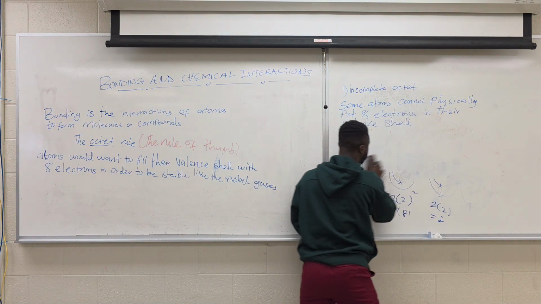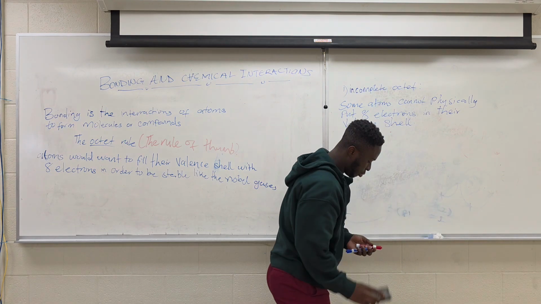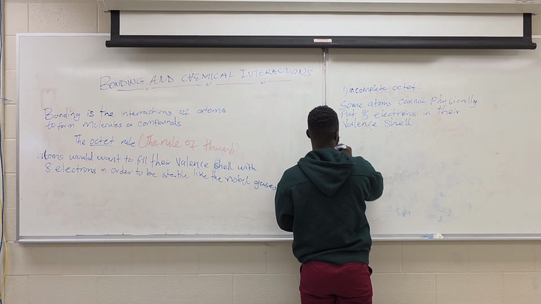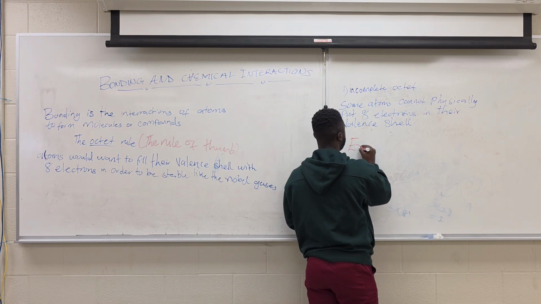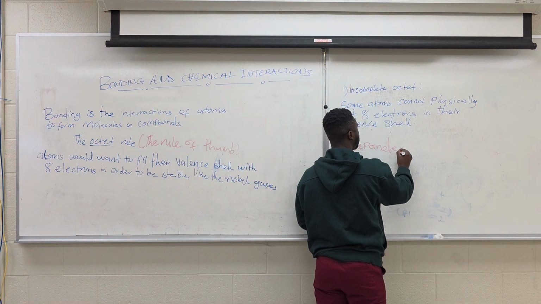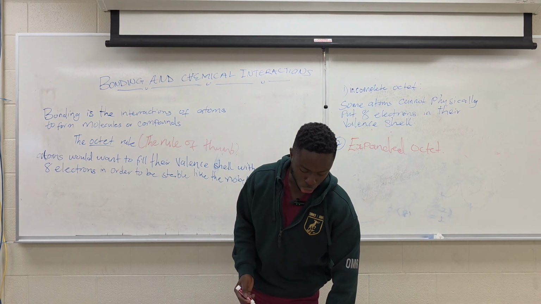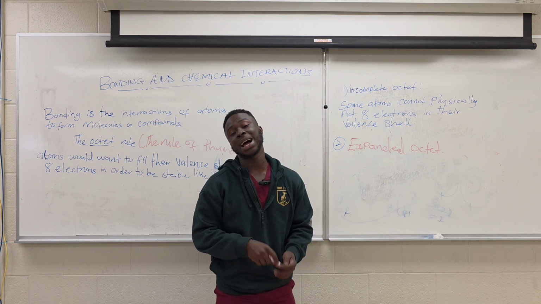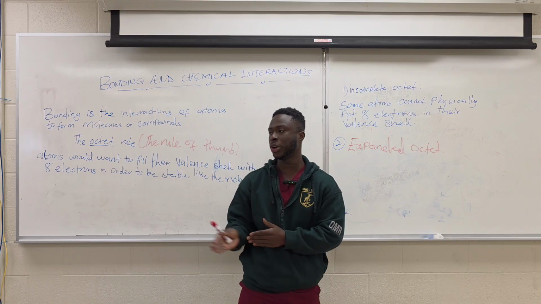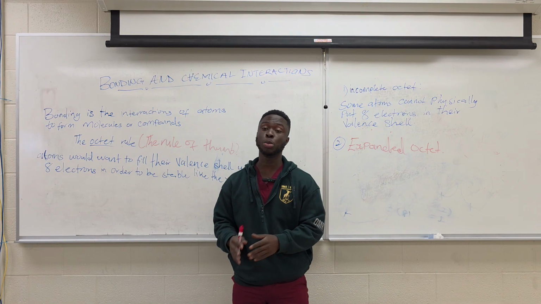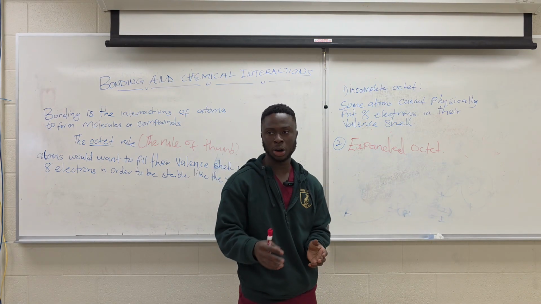Now, the second exception to the octet rule is what we call expanded octet. So second is what? Expanded octet. Now, the expanded octet says that elements from period 3 going down would also disobey the octet rule because they have at their disposal the d orbital or the d subshell.